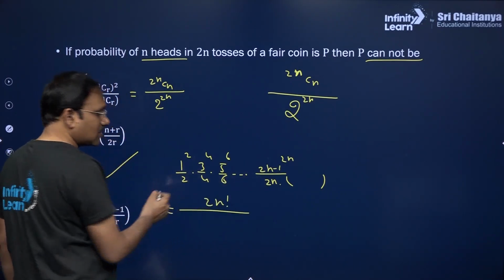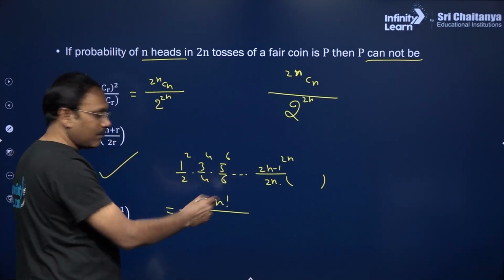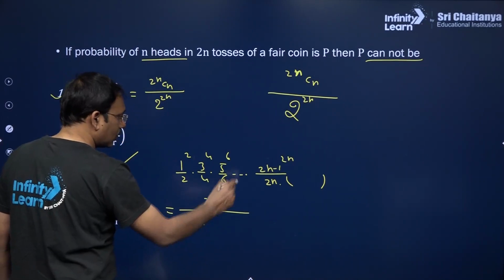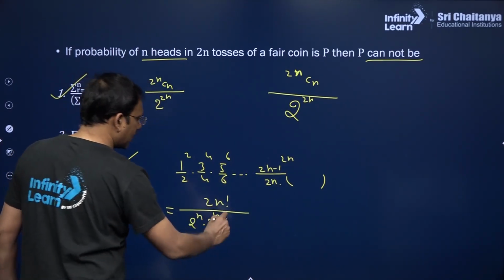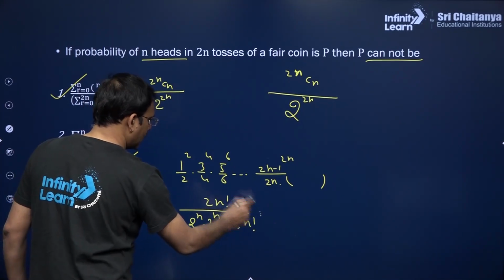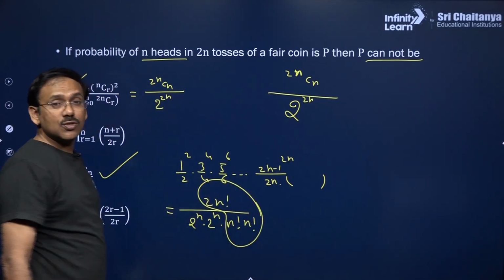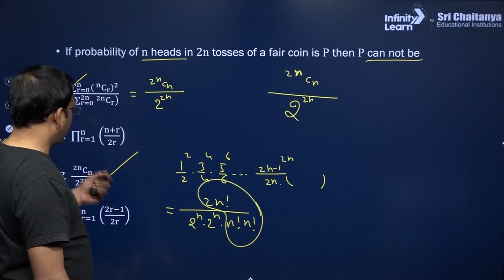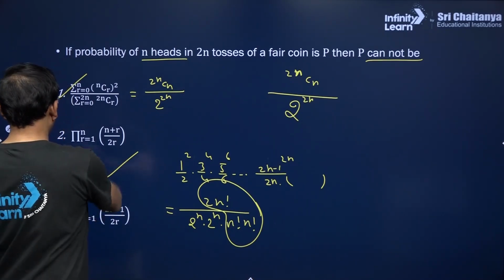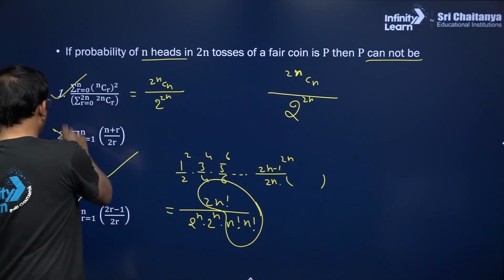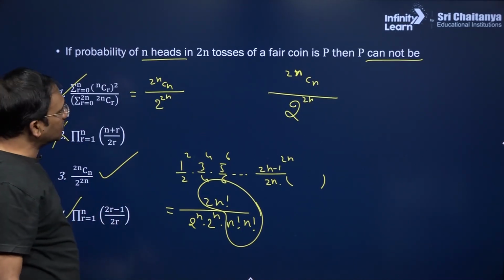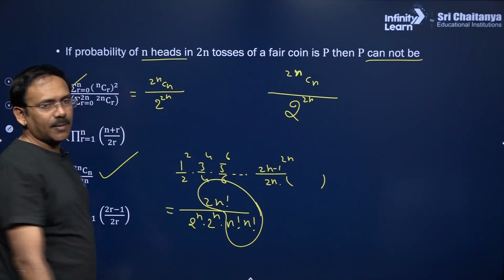Denominator, out of these there are n even numbers, so 2 times n can be taken out. Same n even numbers, you can take 2^n common, you will get n factorial into n factorial. You see, my dear friends, this is 2nCn by 2^(2n). Perfect, my dear friends. 4 is also correct. You just expand this, you won't find this. So, he is asking not, cannot be the second option.